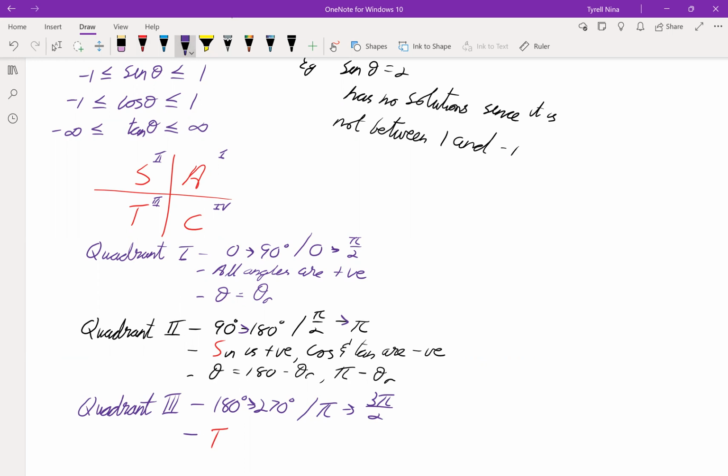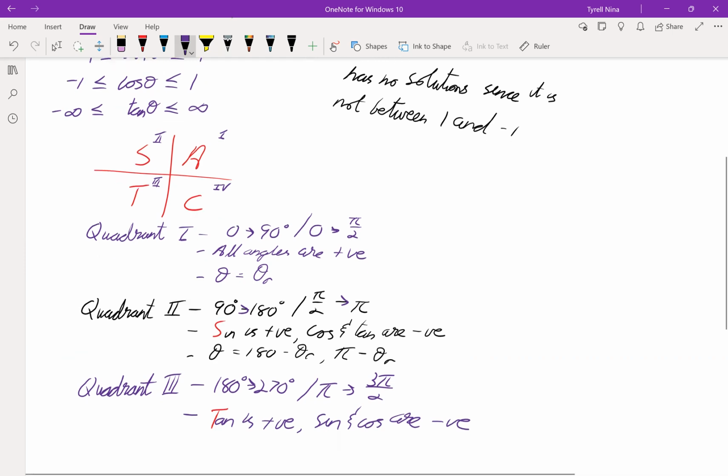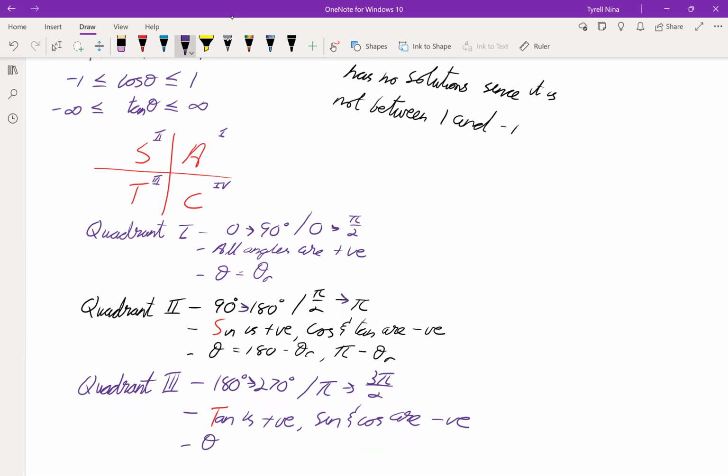Tan is positive, sine and cos are negative. So theta is 180 plus theta r, or pi plus theta r.